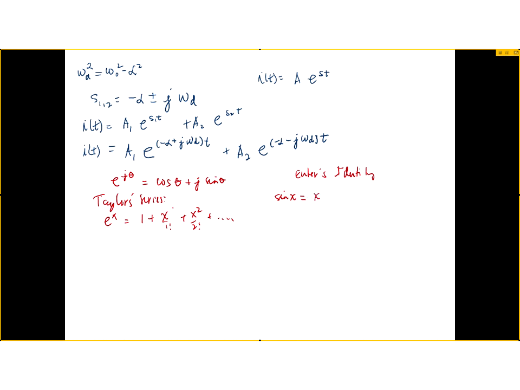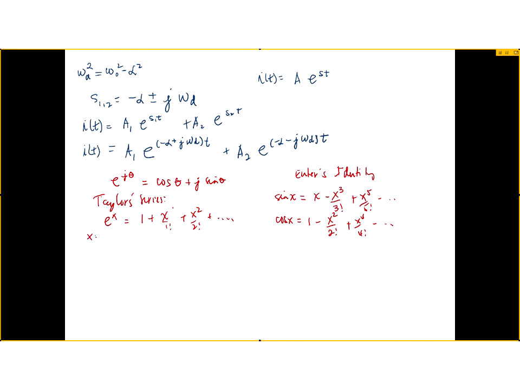It starts with an x. The sine of a small angle in radians is the same as the angle in radians. Then minus x cubed over 3 factorial plus x to the 5th over 5 factorial minus and so on. And the cosine of x, for a small angle, is approximately equal to 1. Then you add minus x squared over 2 factorial plus x to the 4th over 4 factorial. I know you all have seen this. Otherwise, I'm going to send you to Calc 2.